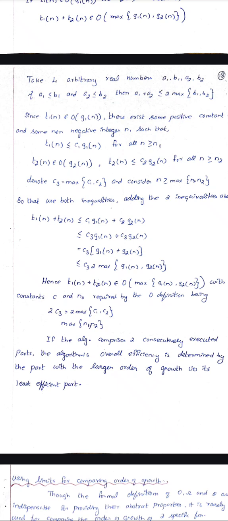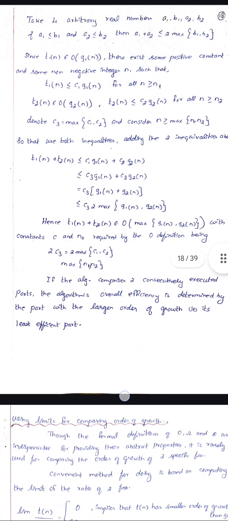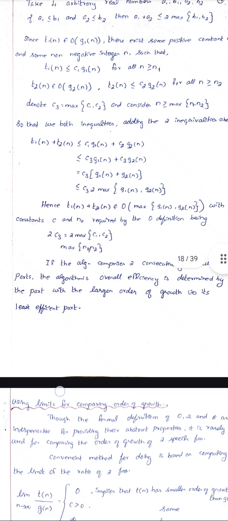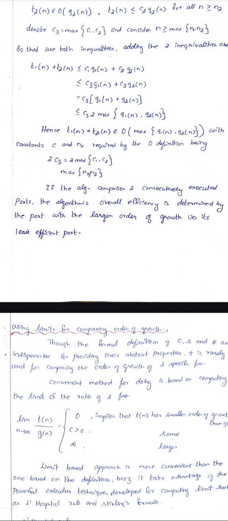Adding the two inequalities, we get c3 times g1(n) plus g2(n), which is at most 2 max of these.